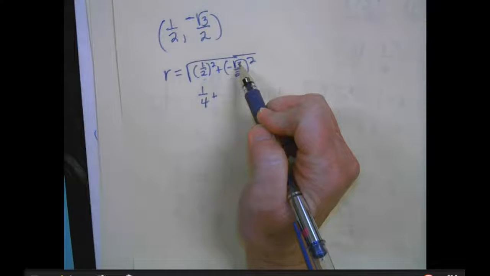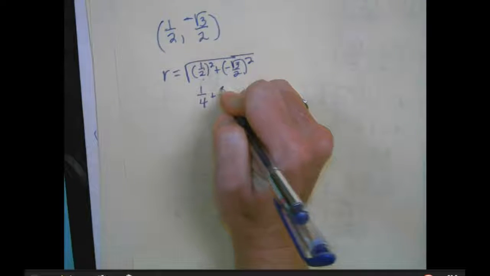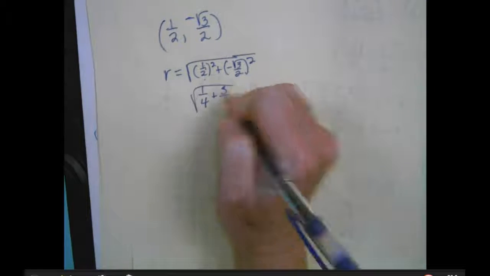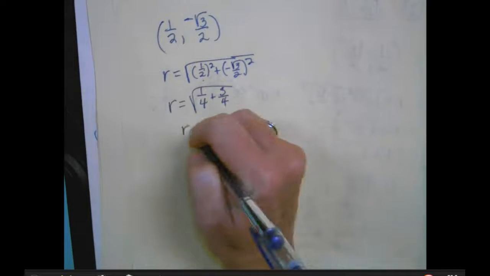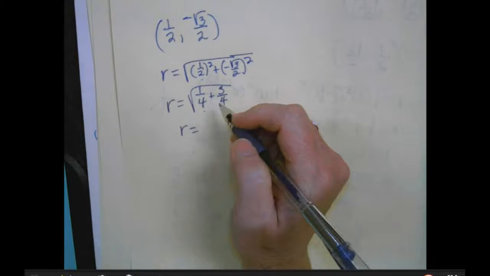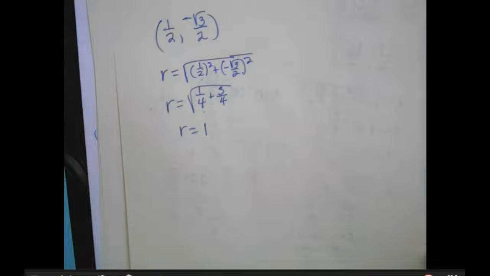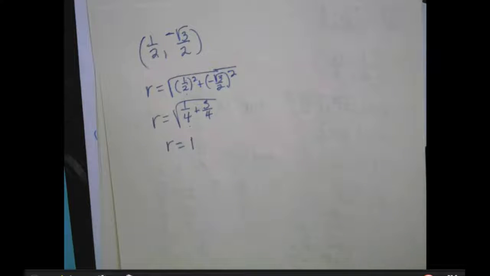Negative square root of 3 times negative square root of 3, that's a positive 3, and then over 4. So 1/4 plus 3/4 is 4 over 4, which is 1. So my radius is 1. Again, I can see the difficulty here.